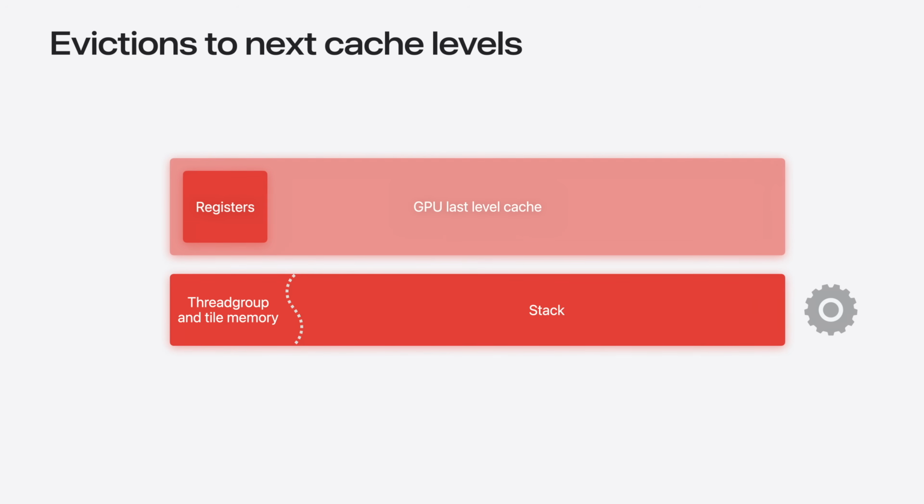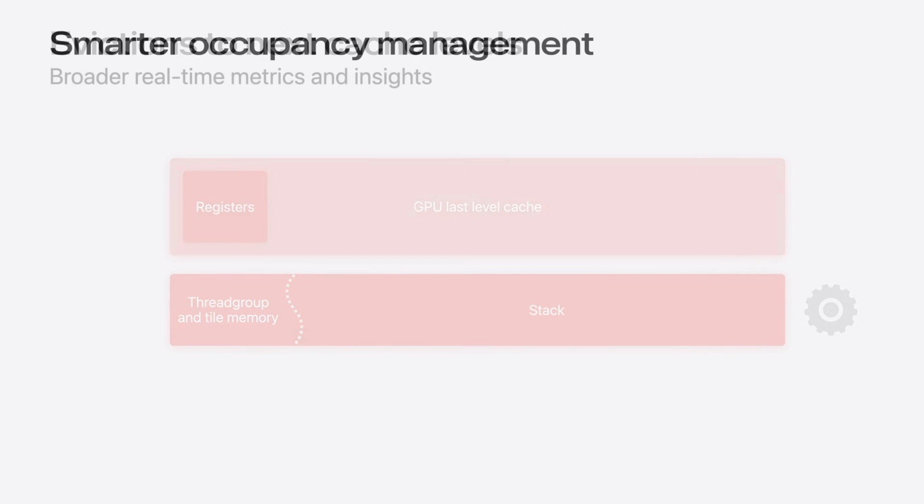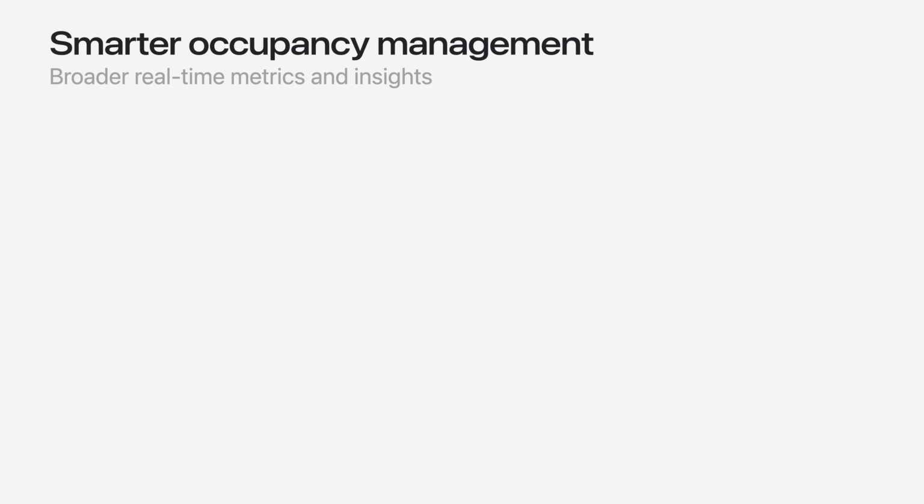Occupancy management boosts performance by adjusting occupancy to keep shader resources on the on-chip memory, thereby reducing memory stalls and increasing GPU utilization. The redesigned occupancy management unit in M5 incorporates a much broader set of real-time metrics: stalls, cache residency, and evictions, allowing the hardware to maximize GPU utilization while minimizing resource conflicts more intelligently than ever.